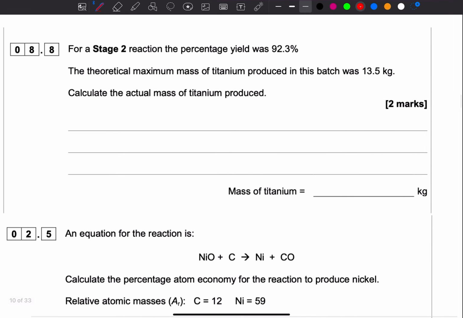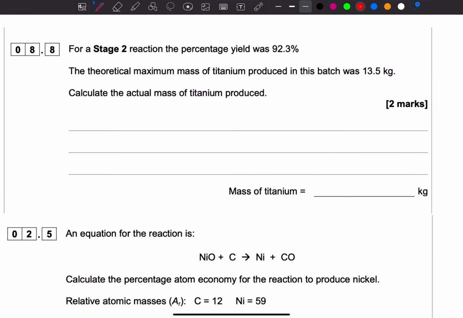Next one. What question is it? Is it percentage yield? You should know the formula, right? Actual mass over theoretical, times it by 100, for the percentage yield. What do they want? They want the actual mass, so the number is smaller. So what do you do? 13.5.